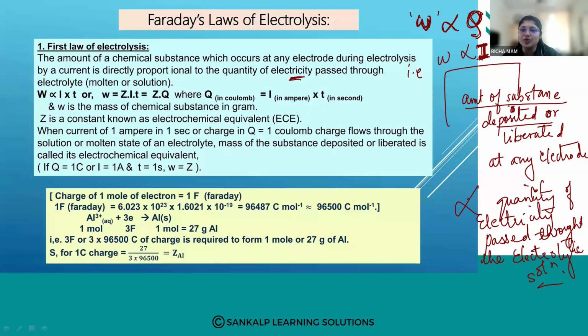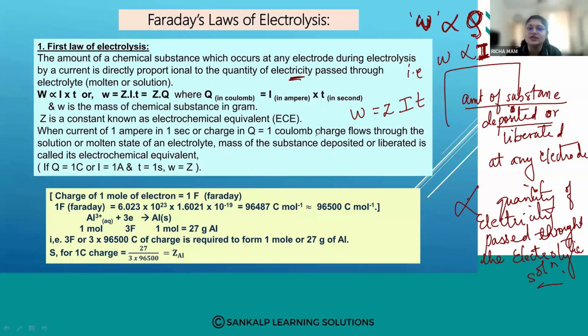If we remove the proportionality sign, then W equals Z into I T, where Z is the electrochemical equivalent. We remove the proportionality sign and introduce the constant Z, which is called the electrochemical equivalent.